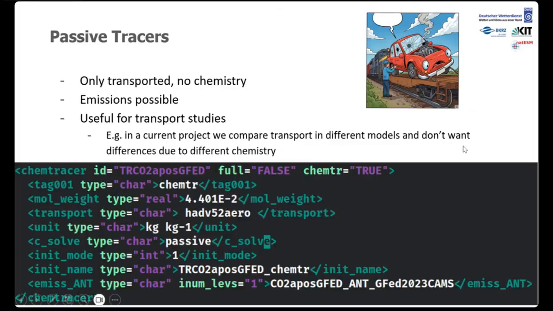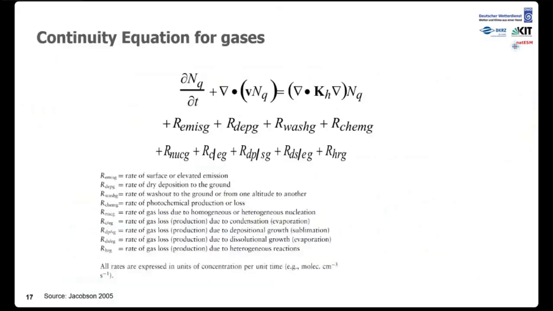So that's the one you define with CArt chem tracer. There I wanted to go back because I wanted to correct something. I only saw it now.